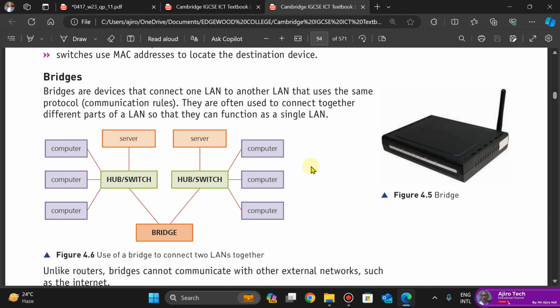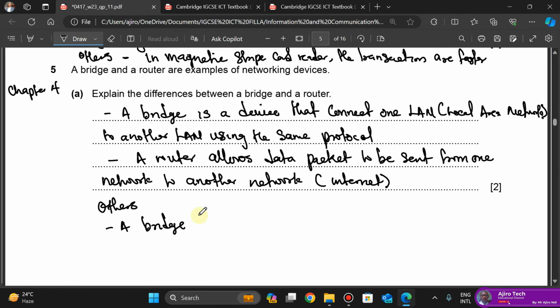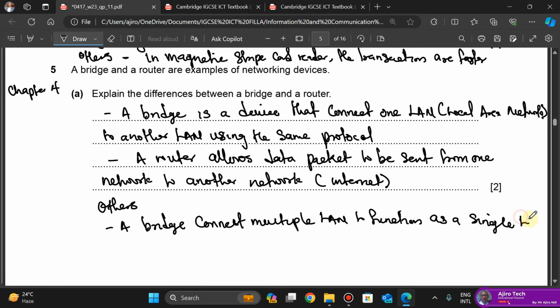They function as a single LAN. So look at it: a bridge connects multiple LANs to function as a single LAN.